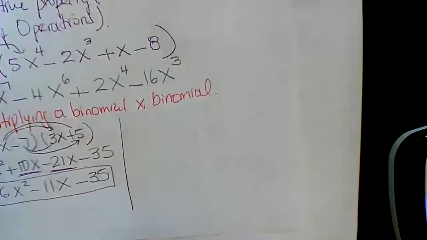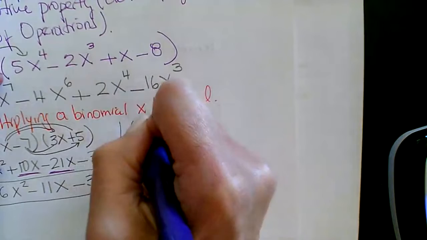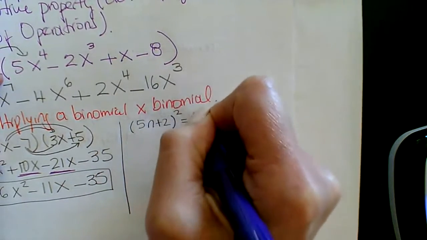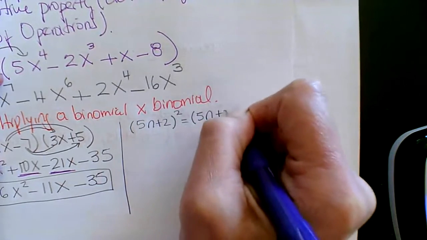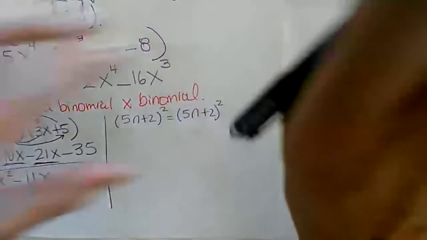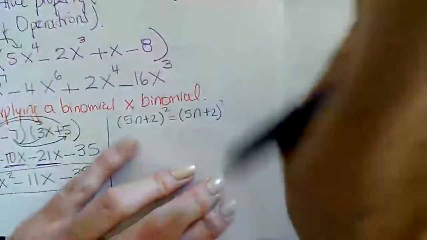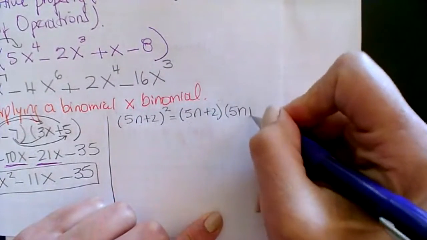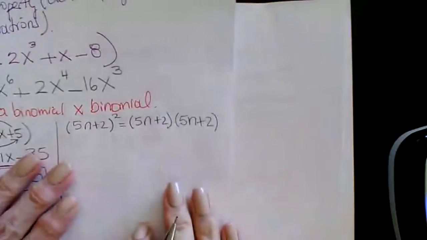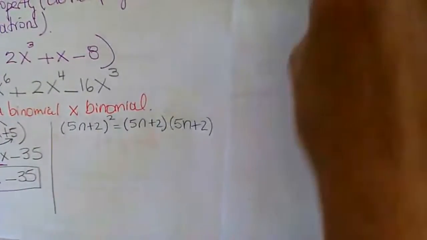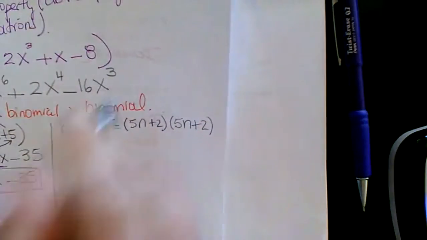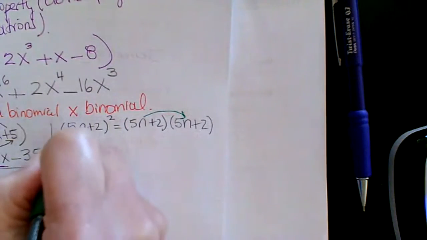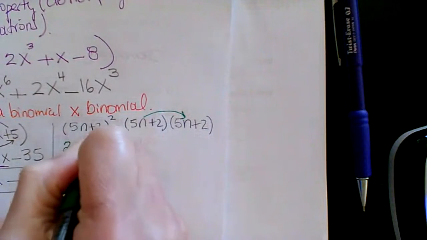Now, if I have to multiply, they're giving me 5n plus 2 squared. We know that this is equal to 5n plus 2 times 5n plus 2. Okay, so then what do I do first? Multiply this 5n times 5n. So it would be 25n squared.